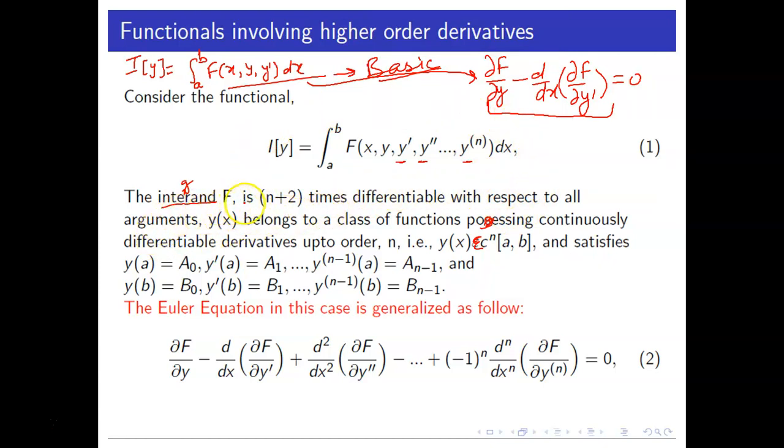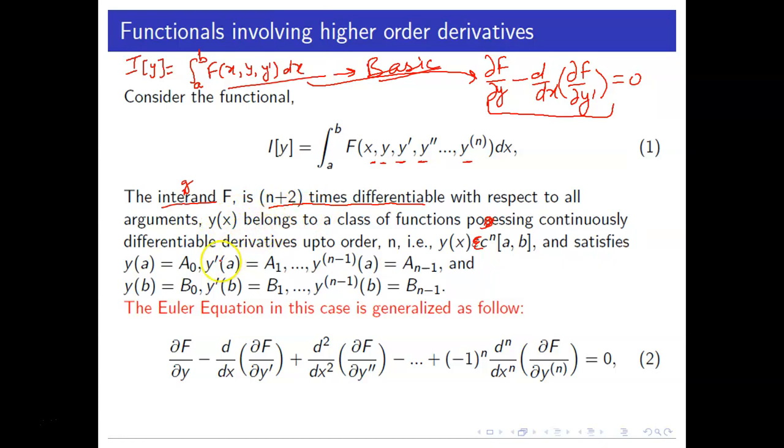Here the integrand f is n plus 2 times differentiable with respect to its arguments. There are n plus 2 arguments: y', y'' up to y^(n), and x and y. Therefore it must be n plus 2 times differentiable.